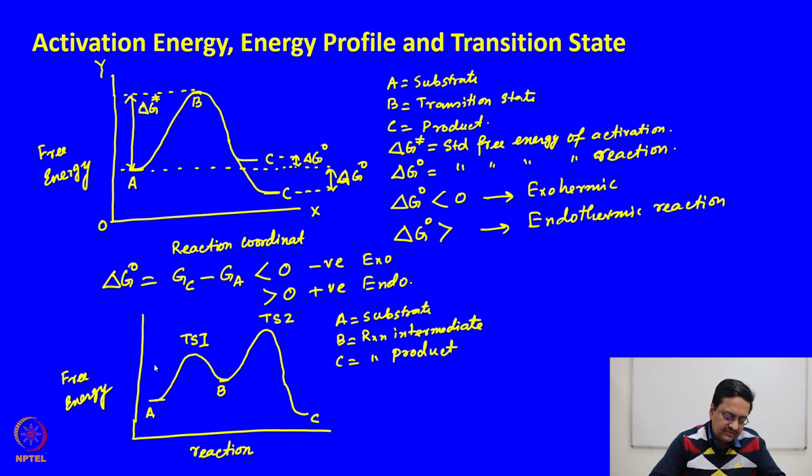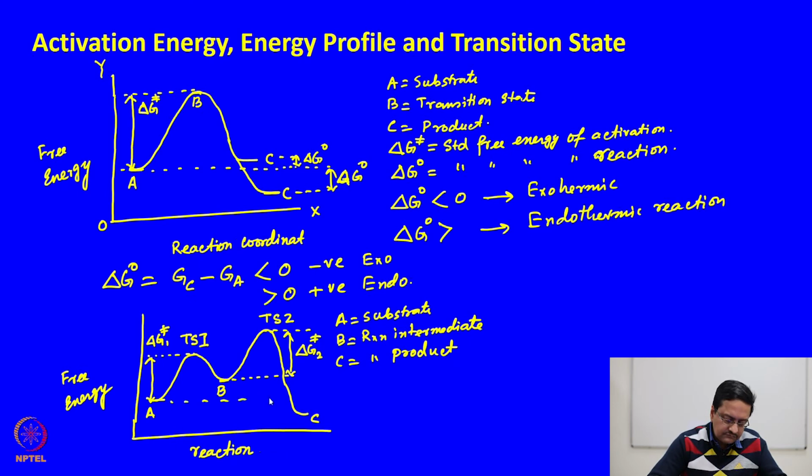So, here what we see is there are two different activation barriers. One is for the formation of B from A, which we can identify as delta G1 hash, and the second activation barrier is here, which is termed delta G hash 2.